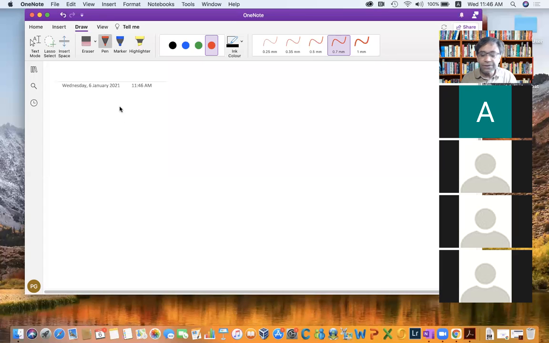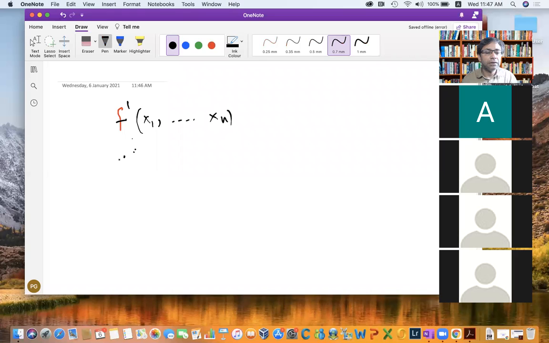You have a system of n equations: F1, which is a function of x1 through xn, and the nth, and each is equal to 0.